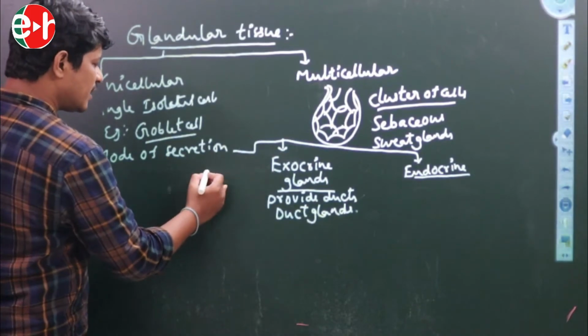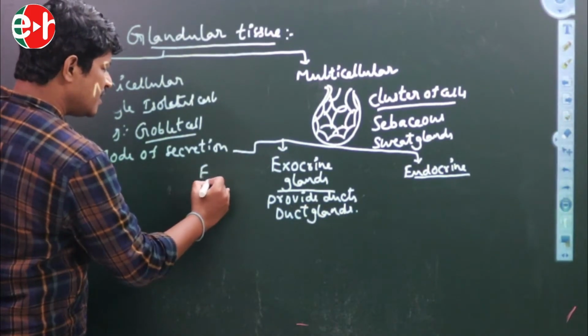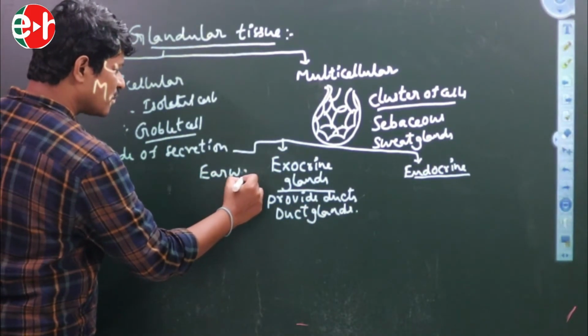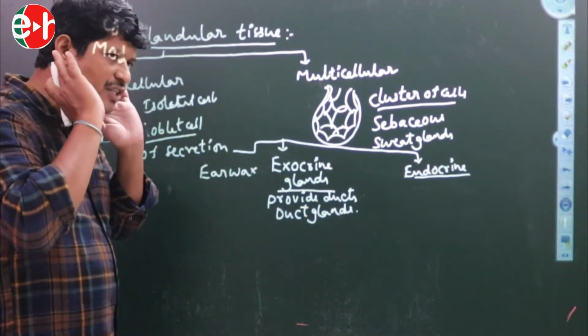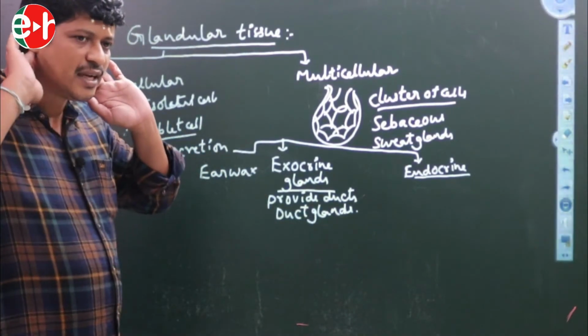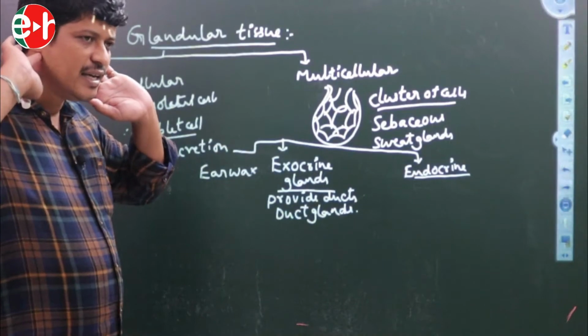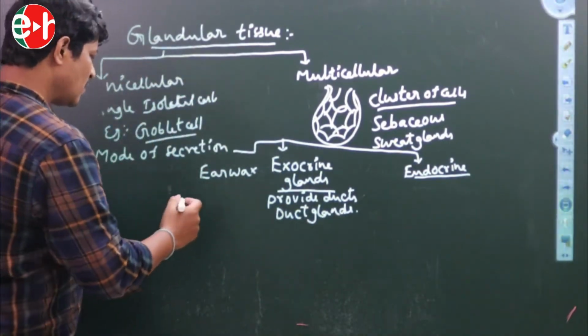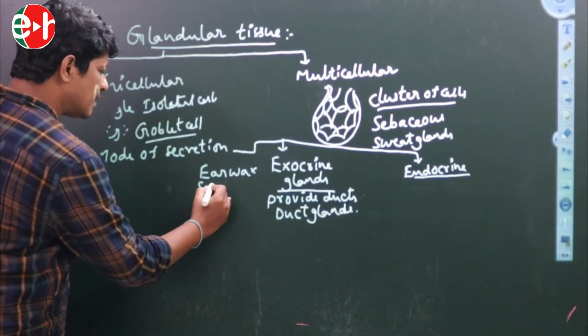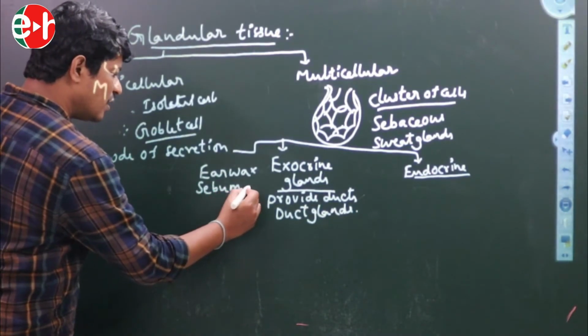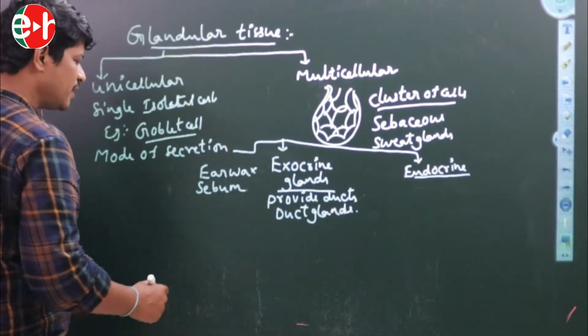Examples for the exocrine glands: the first one is earwax. The secretion is cerumen. Ceruminous glands release cerumen outside the body. And sebaceous glands secrete sebum, which is released outside of the body.